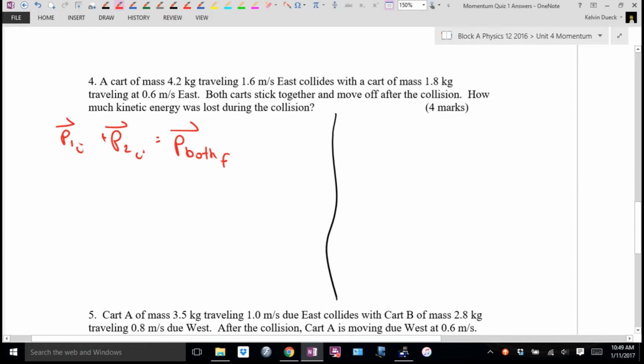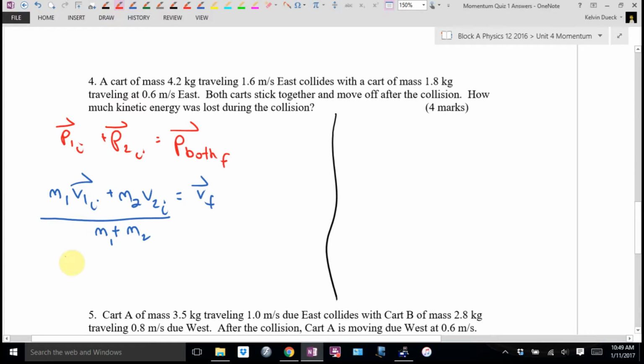I'd like to go then M1 V1 initial plus M2 V2 initial equals V final times M1 plus M2.